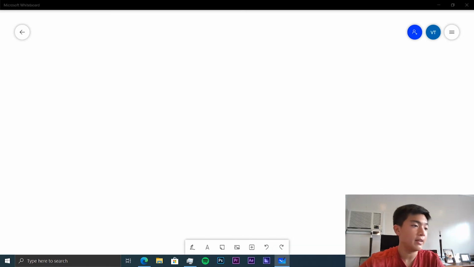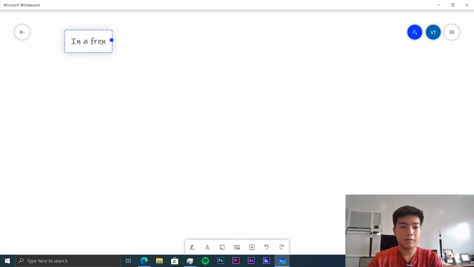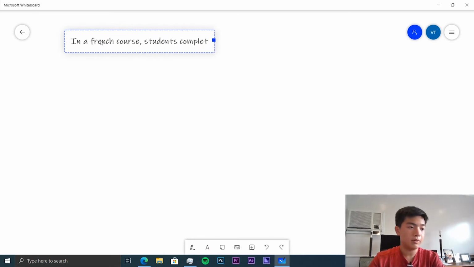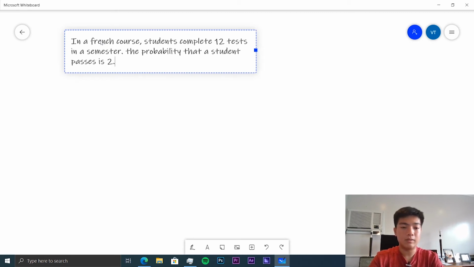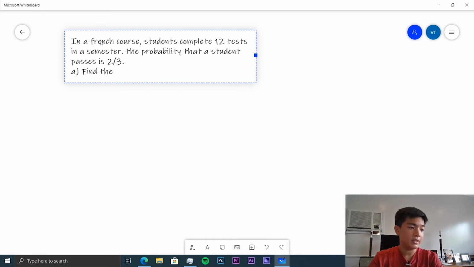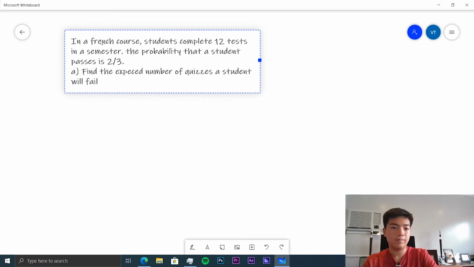Nice. Okay, and then for the final question, we have: in a French course, students complete 12 tests in a semester. The probability that a student passes is 2/3. So find the expected number of quizzes a student will fail.